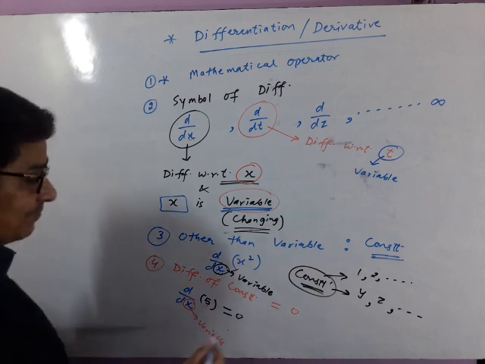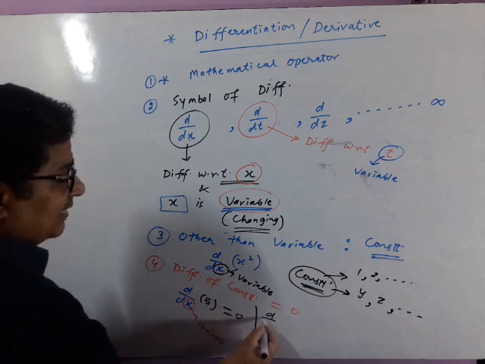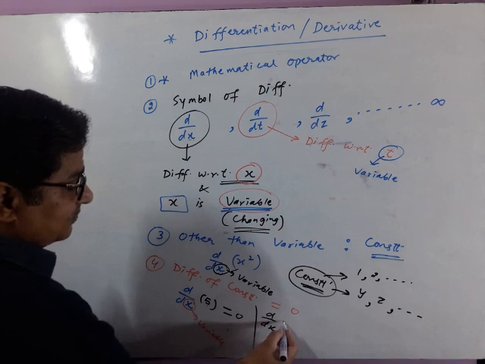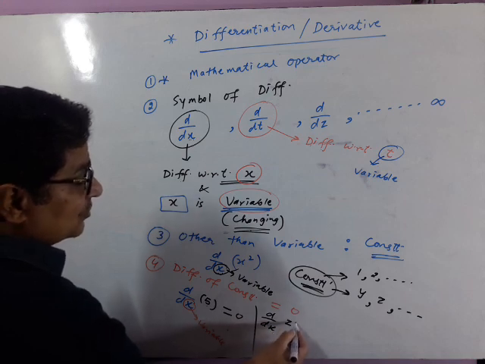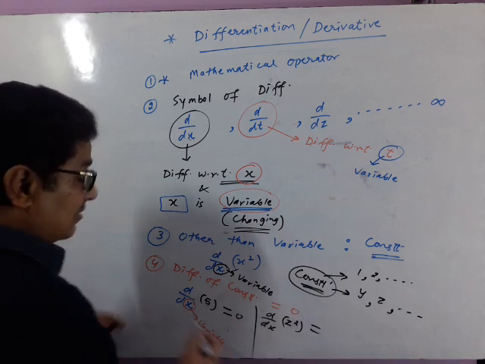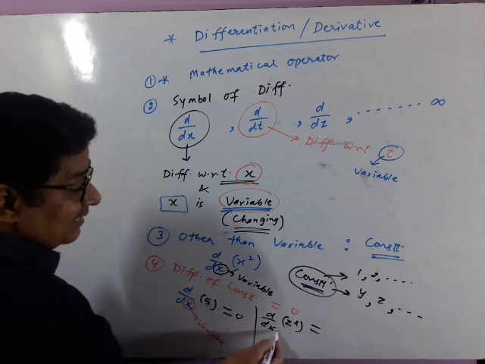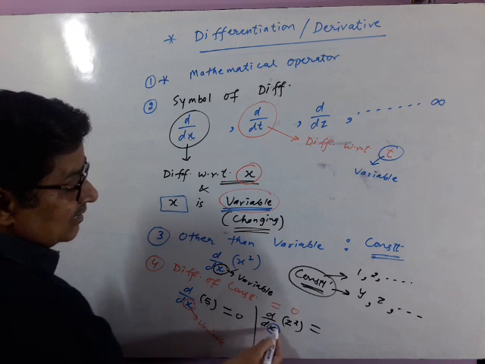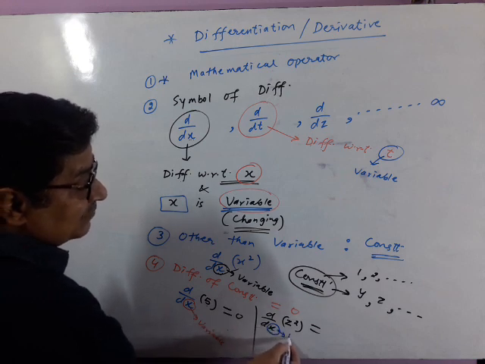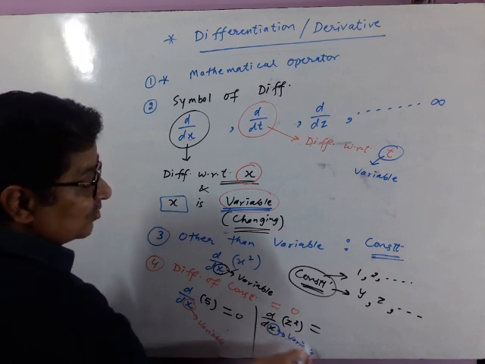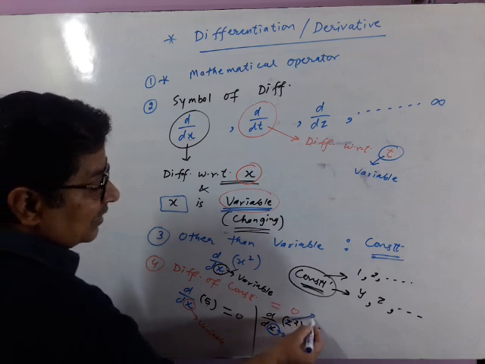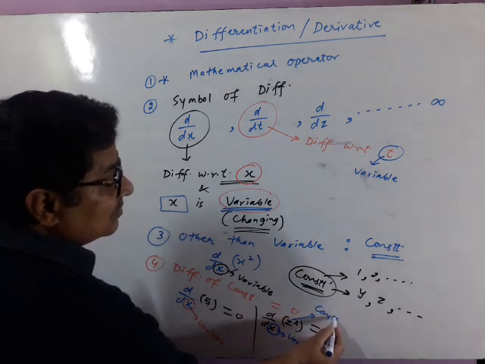Once again, breathe in. If I say dy dx of z square, now nothing is given about z, only this d by dx is given. You will know x is the variable. So other than x, this z square will be treated as constant.